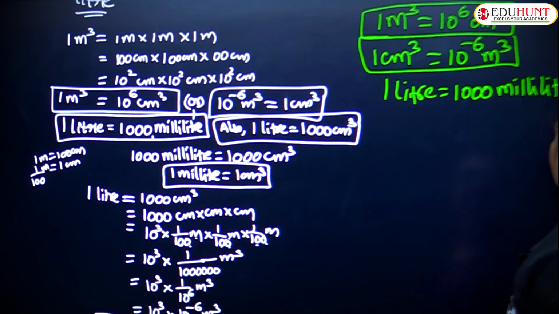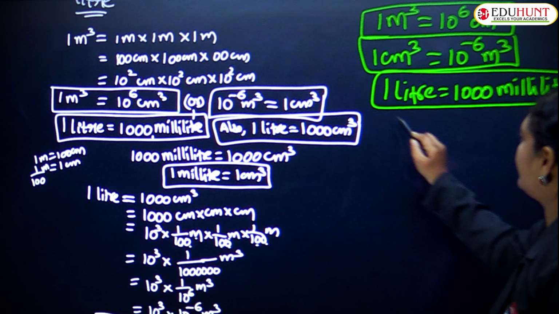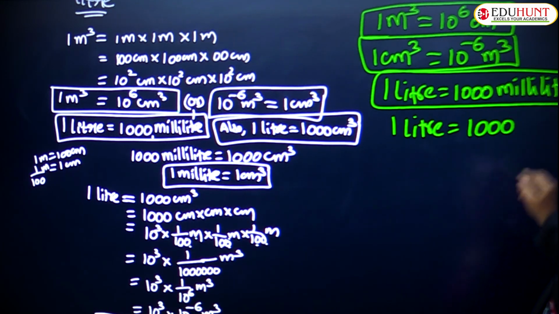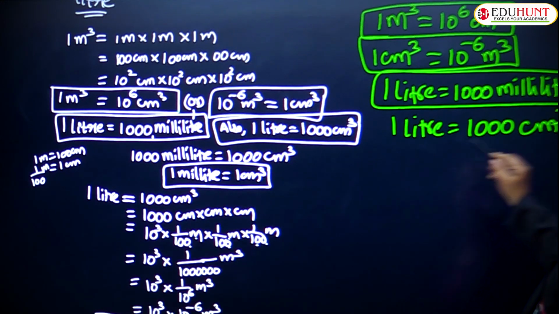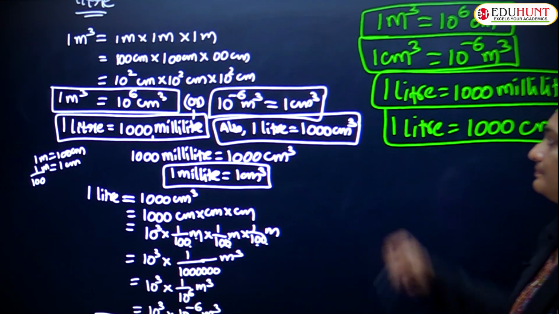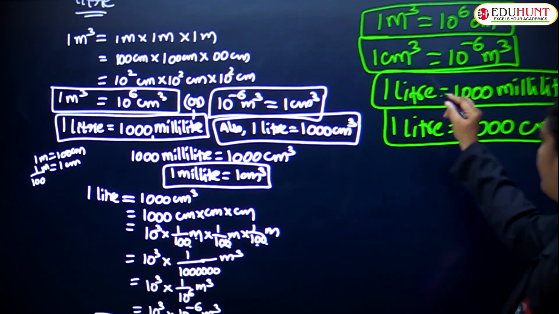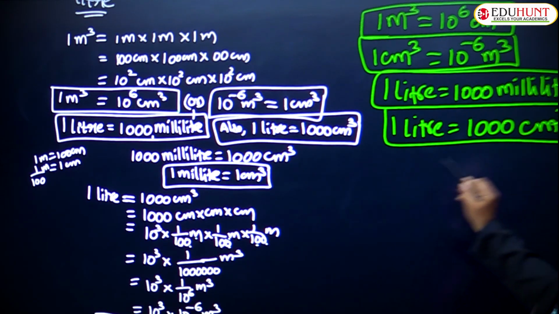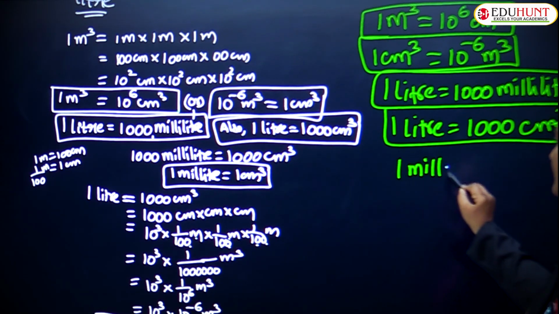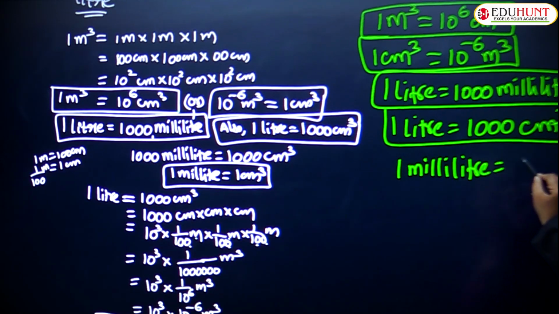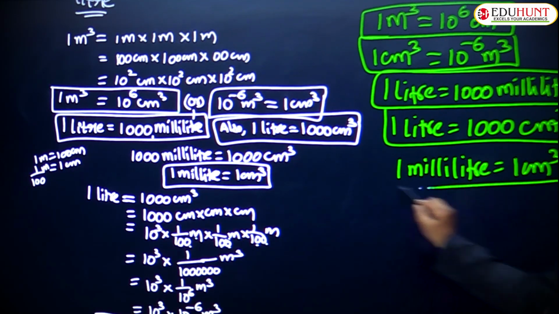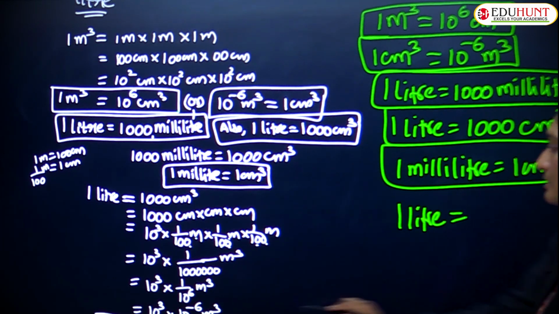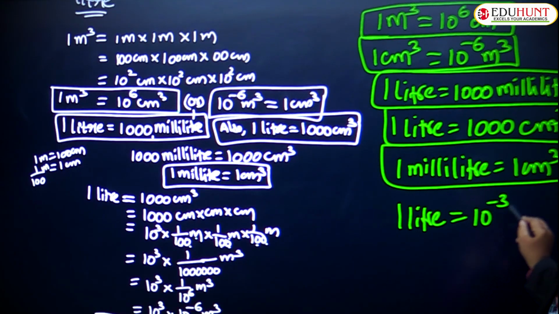Also 1 liter is equal to 1000 centimeter cube. If these two are equal, these two are also equated: 1000 milliliter equals 1000 centimeter cube, and hence 1 milliliter is equal to 1 cubic centimeter. And the last one, 1 liter is also equal to 10 power minus 3 meter cube.